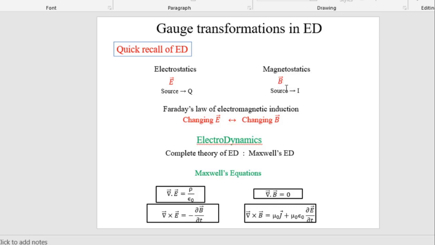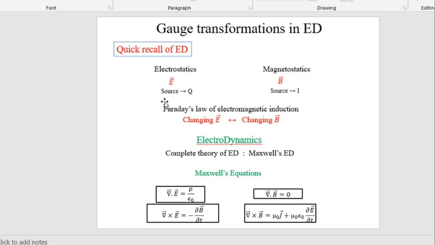Then we know that the source of the electric field is the electric charge, while the source of the magnetic field is the electric current. So these are the basic things about electrostatics and magnetostatics, that means the study of electric field and magnetic field.